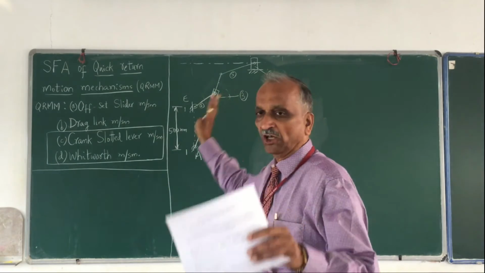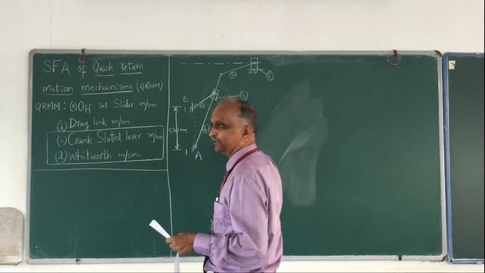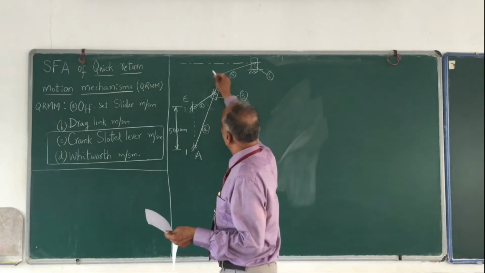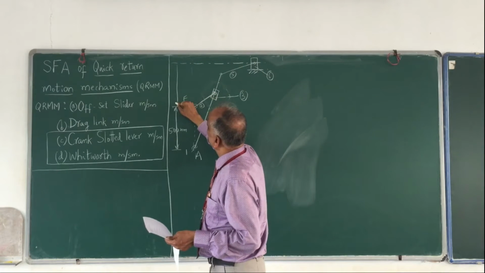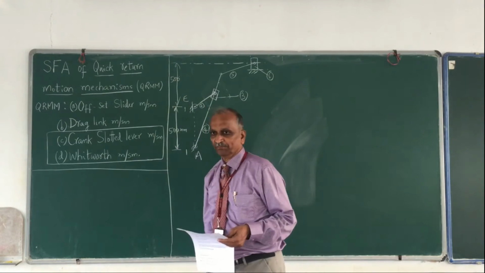I am not going to draw it; you are going to follow it. I shall straight away draw a freehand sketch and write down the dimensions. And the line of stroke and this distance is also given, and this is 500.